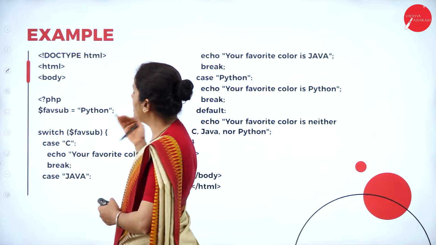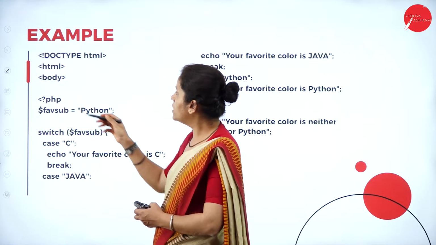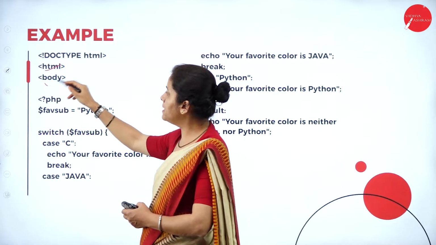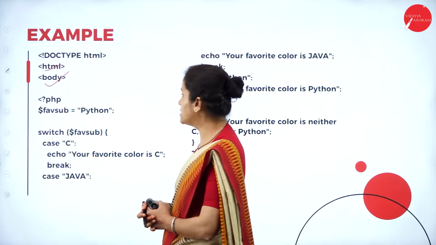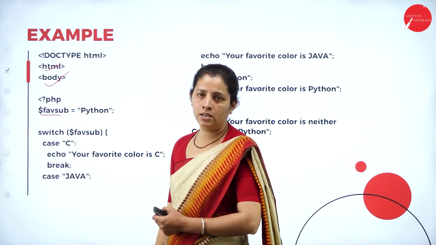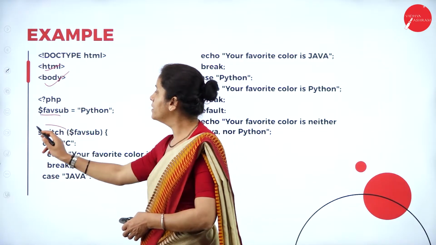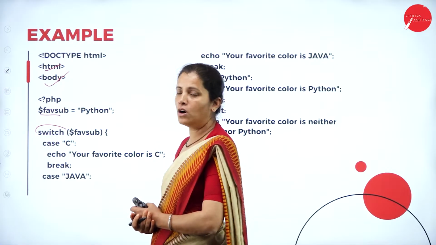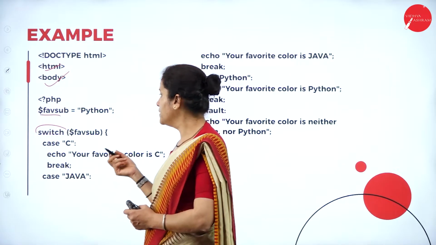See, this is my entire PHP code. So I'll start with the HTML body. Inside the body, I'll write the PHP scripting. So see here, what's your favorite subject? That is Python. Now I check. So I'm taking one variable called favorite subject and I'm assigning the subject name Python.